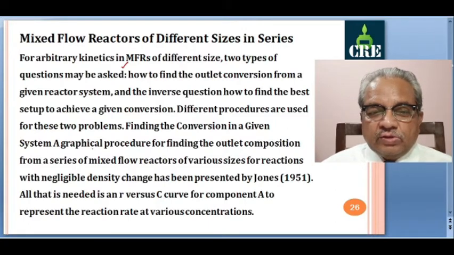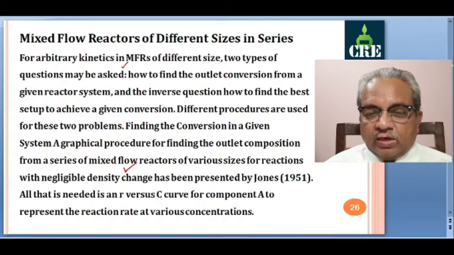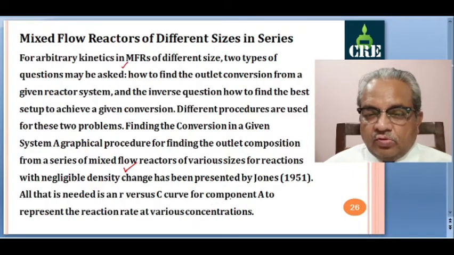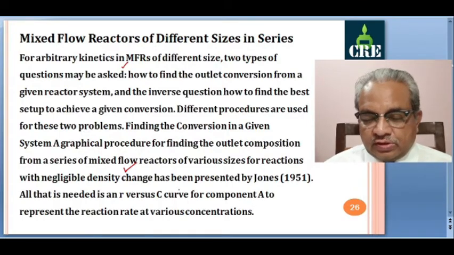Finding conversion in a given system, a graphical procedure for finding the outlet composition from a series of mixed flow reactors of various sizes for the reaction with negligible density changes, meaning epsilon is equal to 0, has been presented by Jones in 1951. That we'll see. All that is needed is a rate versus concentration curve, R versus C curve, or minus RA versus CA curve for the component A to represent the reaction rate at various concentrations.